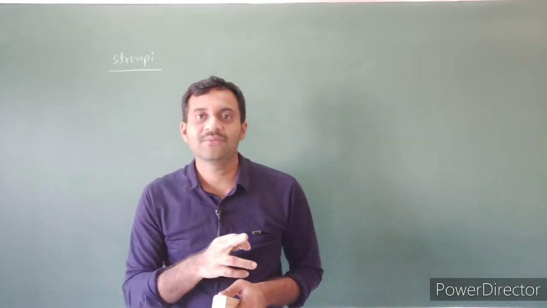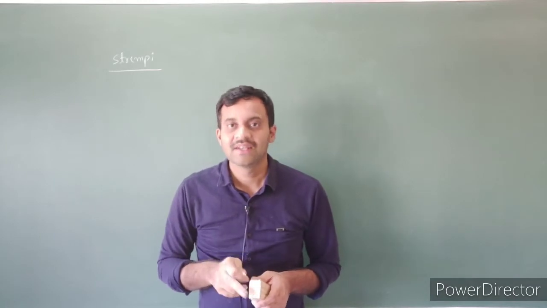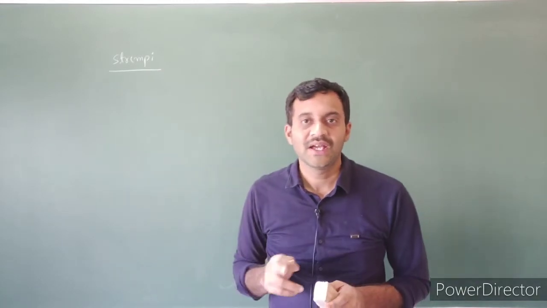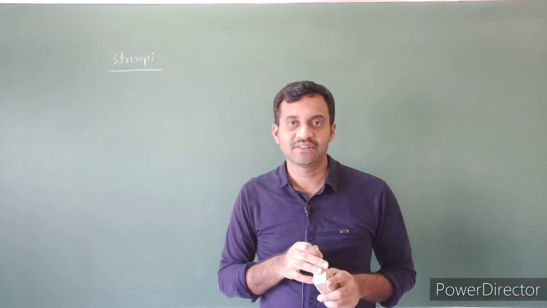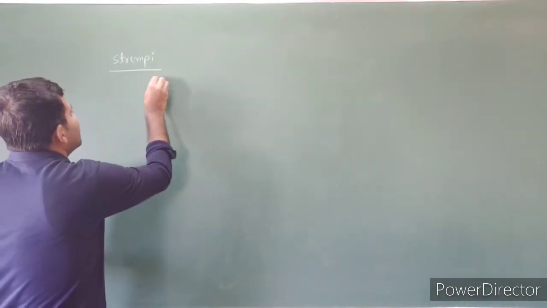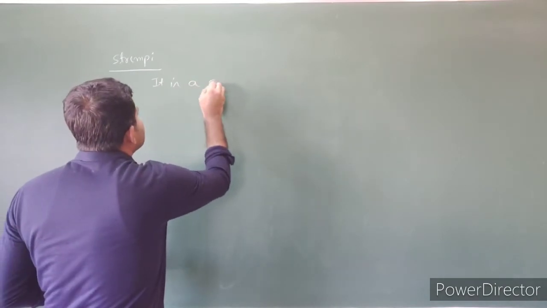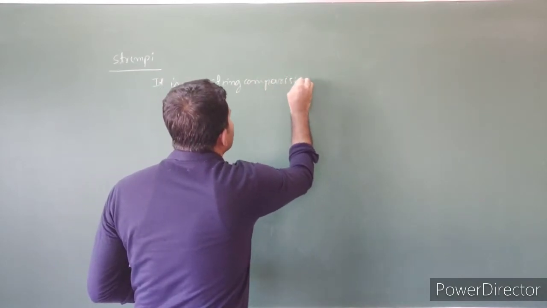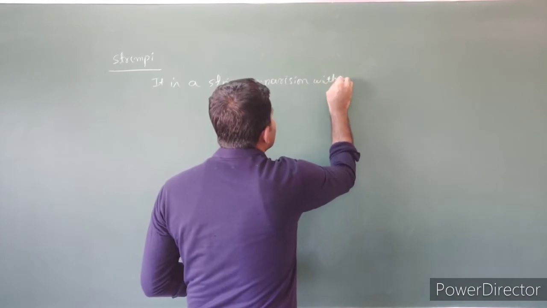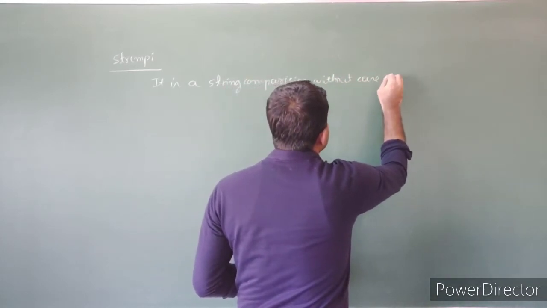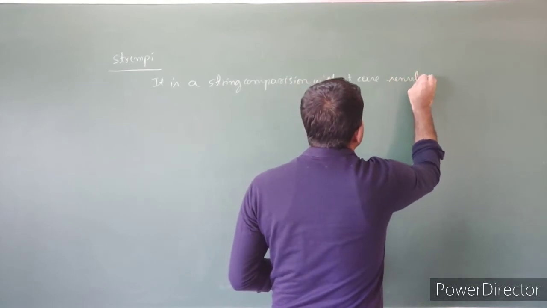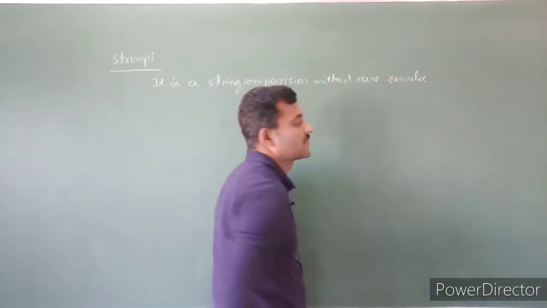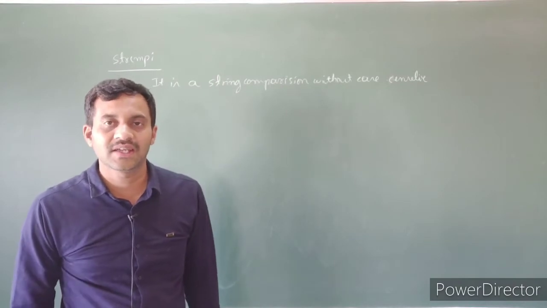There is only one difference between strcmp and strcmpi, that is strcmp is a case sensitive comparison, strcmpi is a comparison without case sensitivity. So that is the meaning of strcmpi.